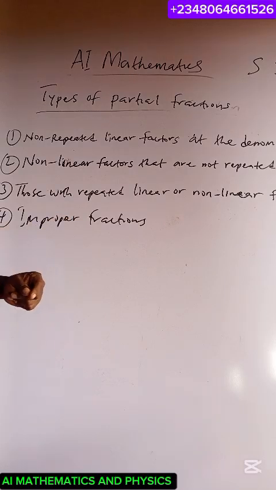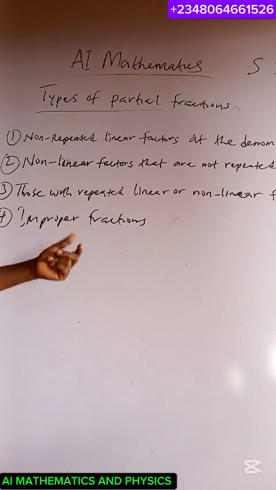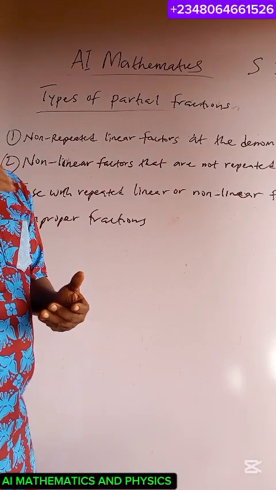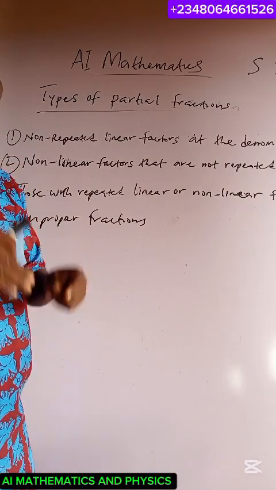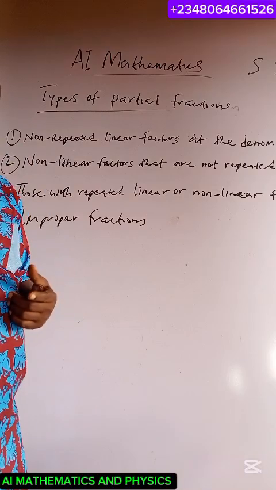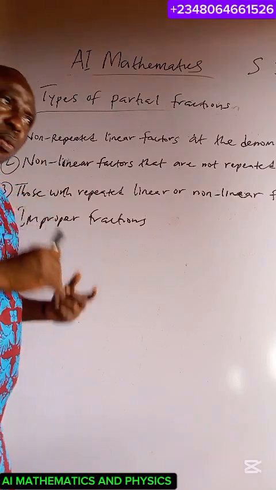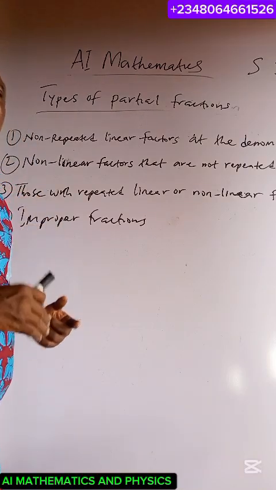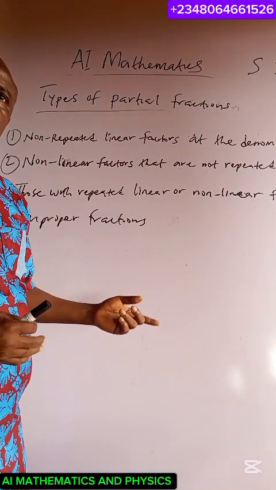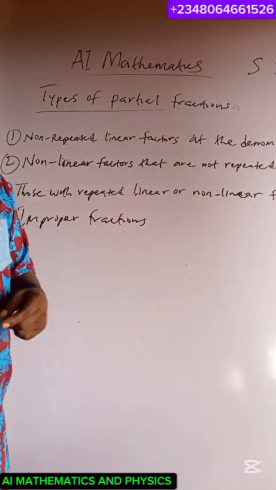Degree means the power at the denominator will be more than the power at the numerator. But for improper fraction, the degree of the numerator may be more than or equal to the degree of the denominator.